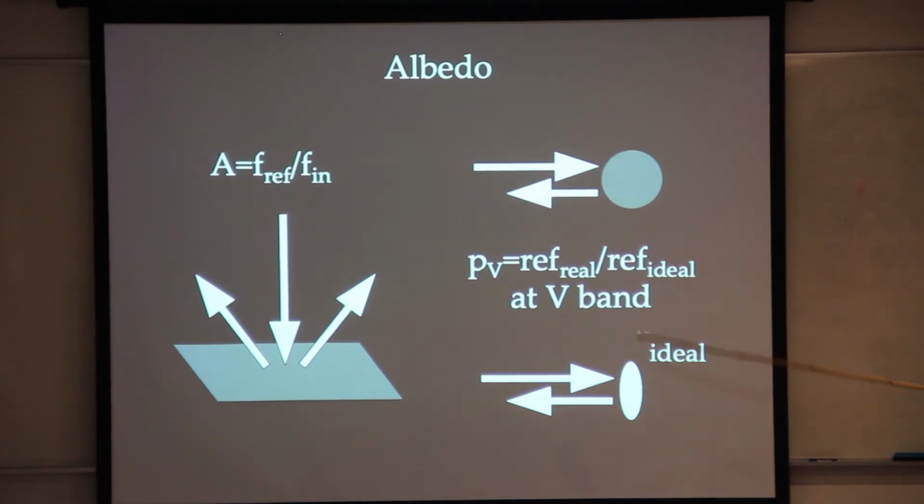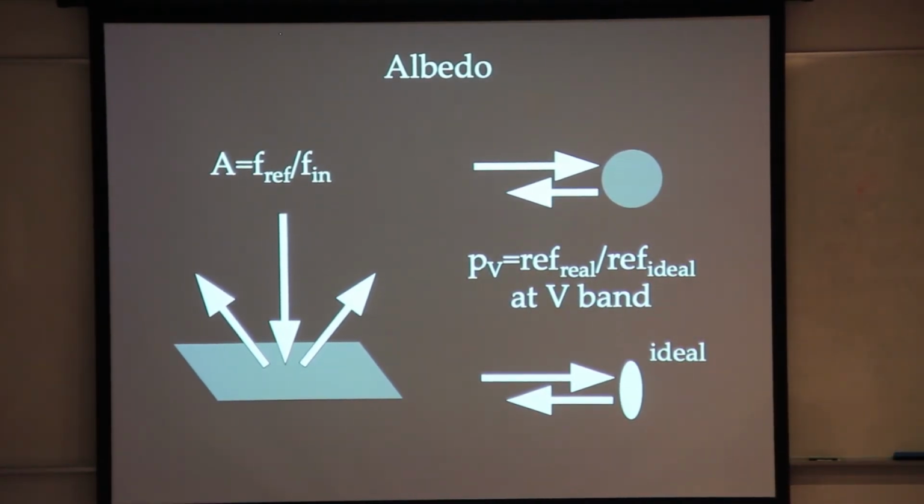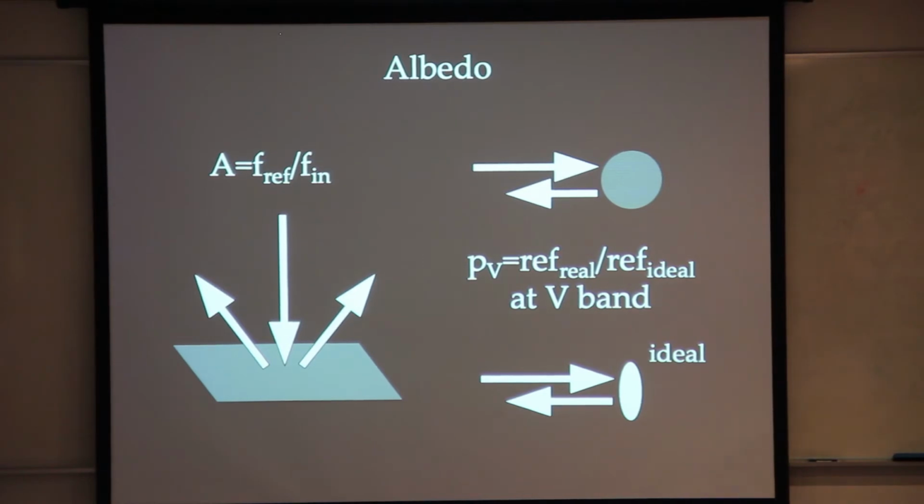But it does have the funny caveat that you can get geometric albedos above 1, above 100%. We don't see this in many places in the solar system, but icy moons of Saturn, like Enceladus, things that have very, very high reflectivities, can reflect more light than you'd expect from an ideal reflector, just because they scatter it straight back. So let's clarify albedo.